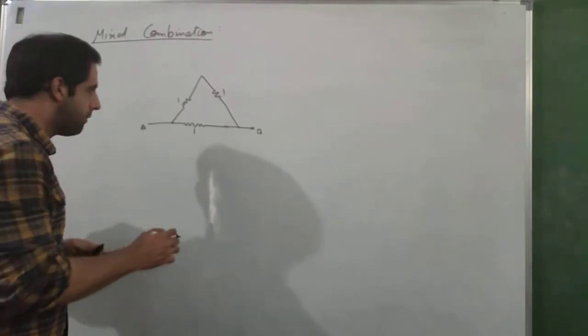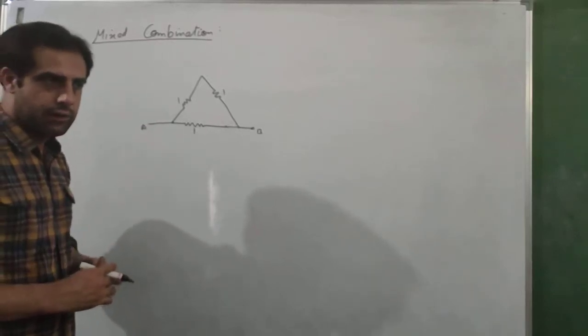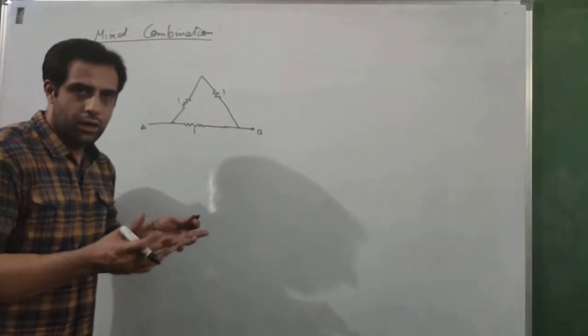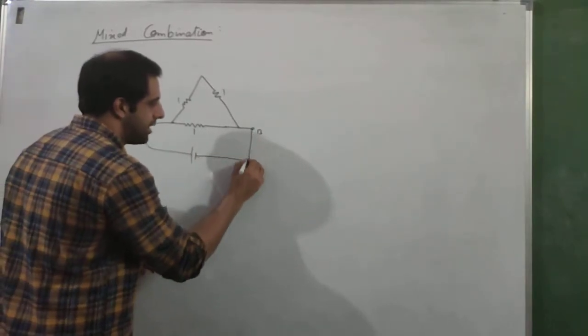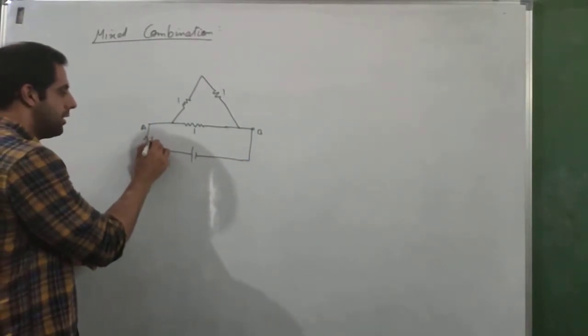If you look closely, assume that there is a current. Whenever you are not able to understand how to solve this, connect these with an imaginary battery. So there will be a current.